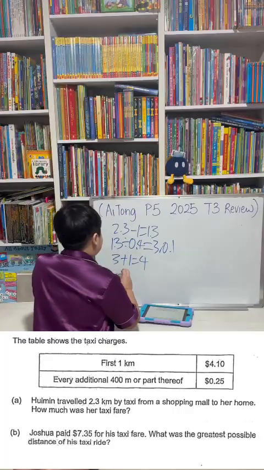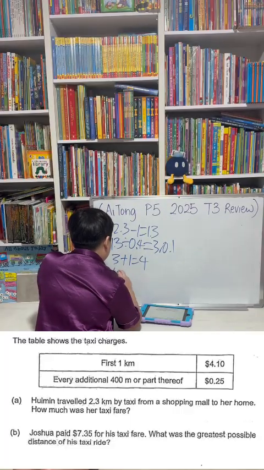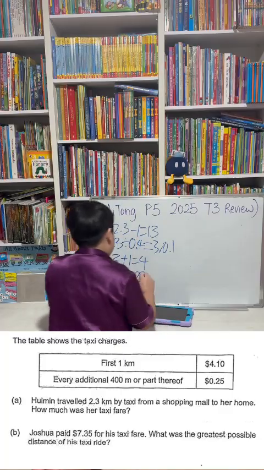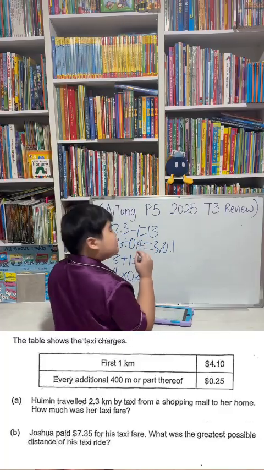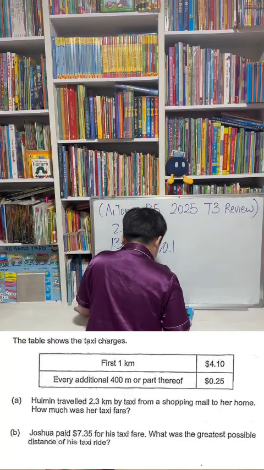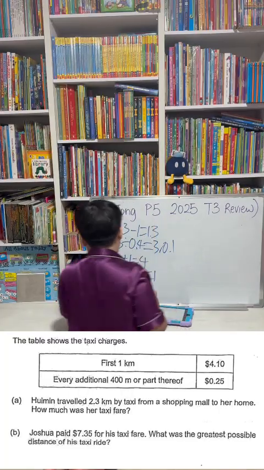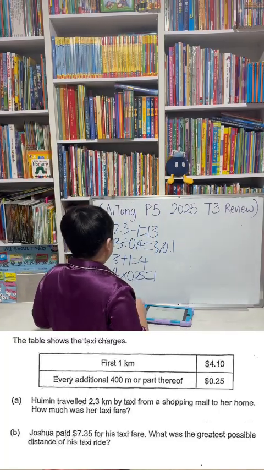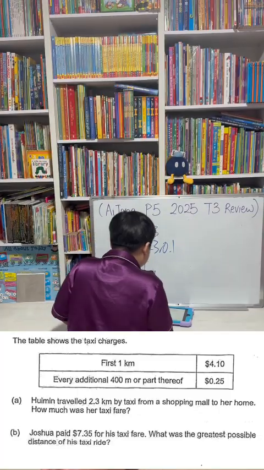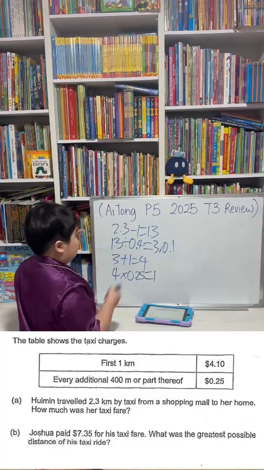So now we can find the total price of 25 cents every 400 meters. We do 4 times 0.25, where $0.25 is 25 cents, which equals $1. Then we also need to add the first 1 kilometer, which is $4.10.